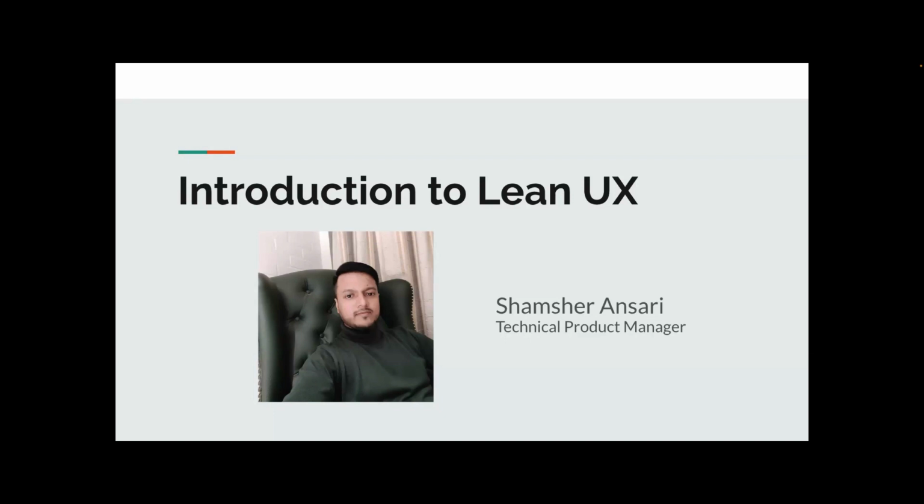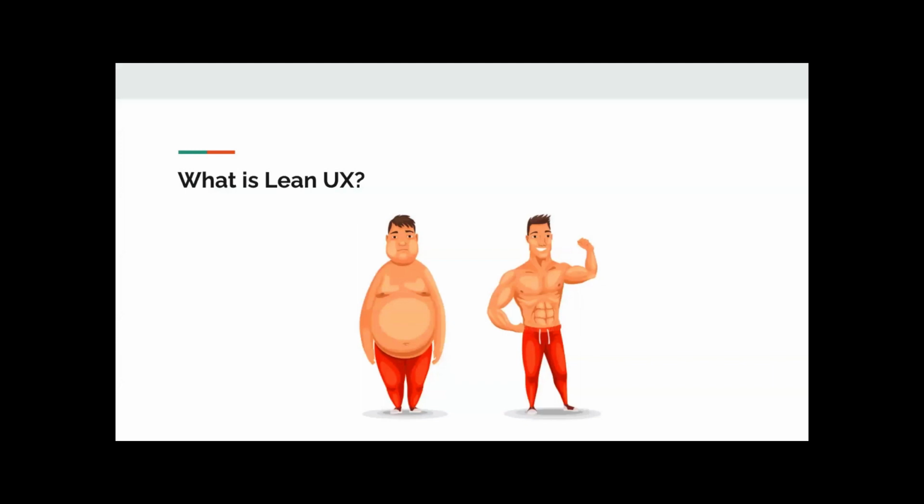Okay, so let's move to the first chapter, which is introduction to Lean UX, right? When I think about lean, this is something that comes into my mind: you have one fat guy and you have a lean guy. This picture helps me understand that lean is something which removes waste from your body.